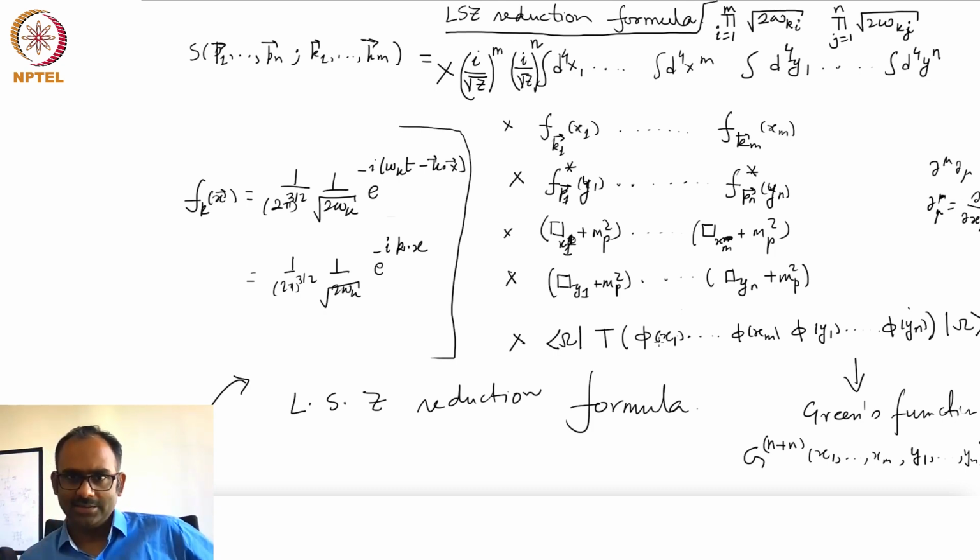The idea is that instead of working with this Green's function in coordinate space, I will go to Fourier space. So, I will Fourier transform this function with respect to these variables. Once I Fourier transform, the x dependence will become simple, a simple exponential function.